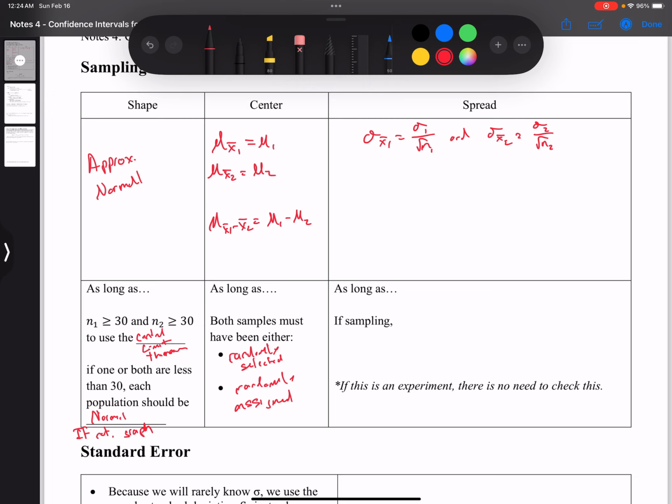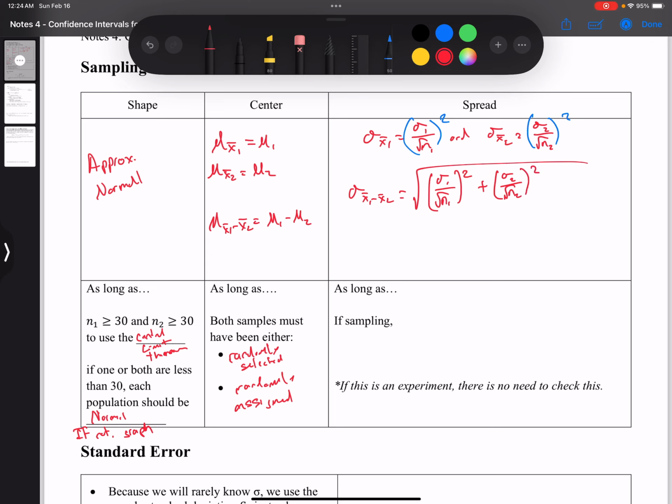When we want to combine spreads, we combine the variances, which we get by taking both standard deviations and squaring them. For x bar 1 minus x bar 2, we get this big formula: we square the first standard deviation and add it to the square of the second standard deviation.